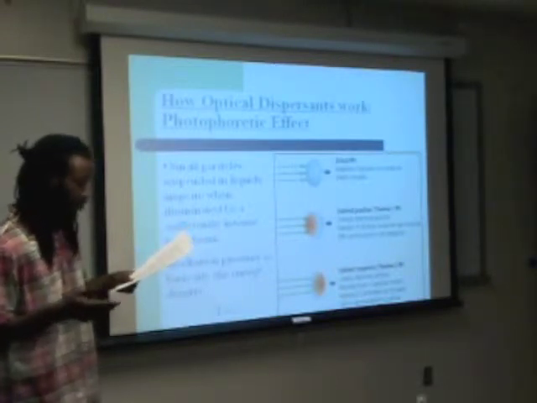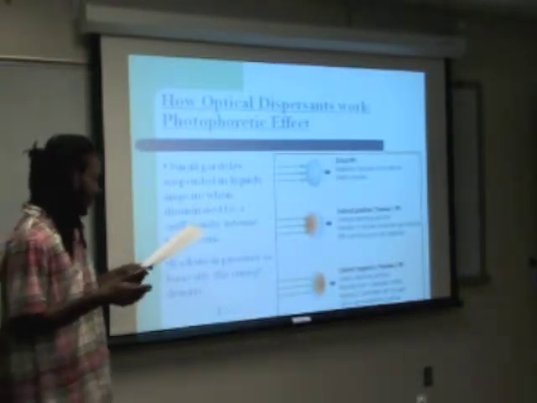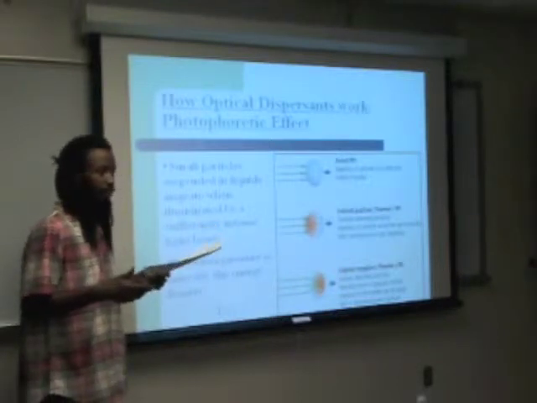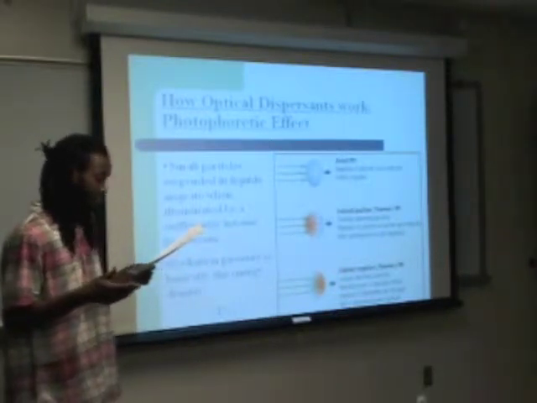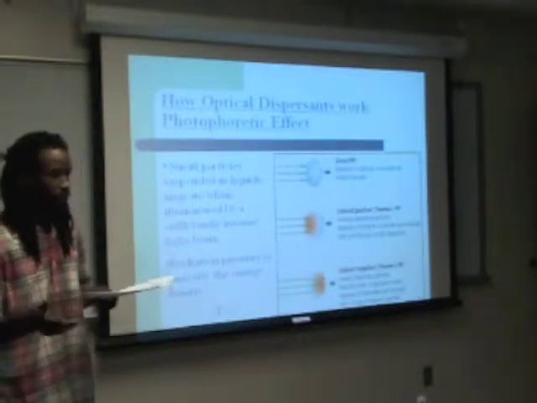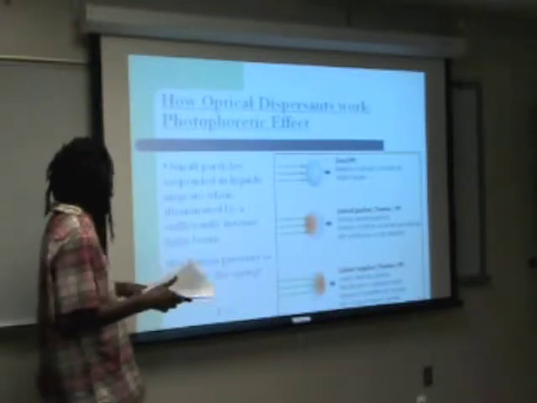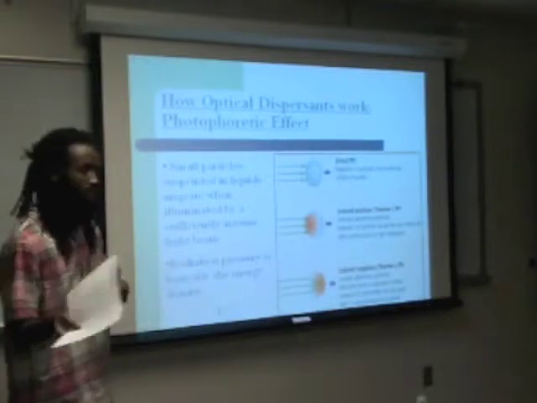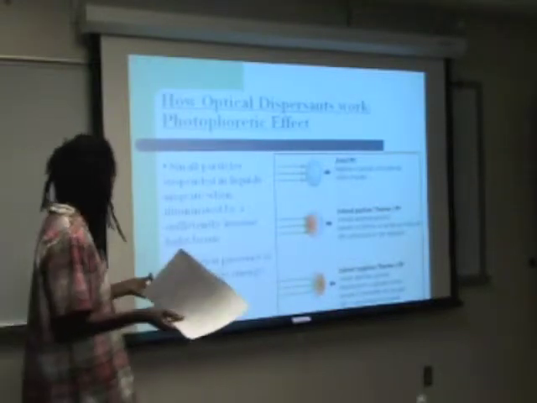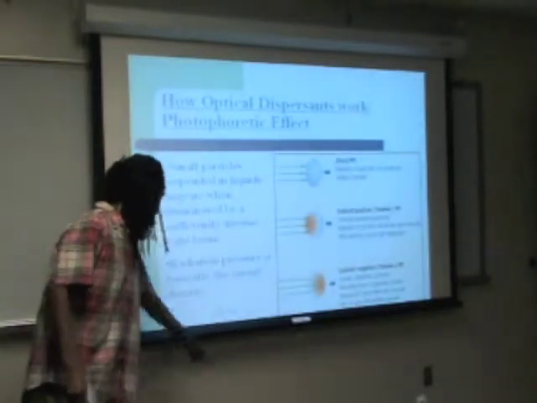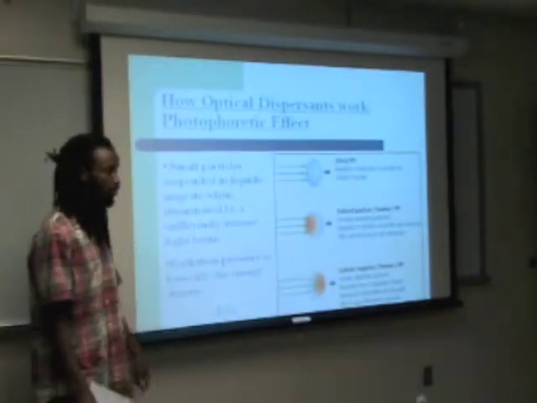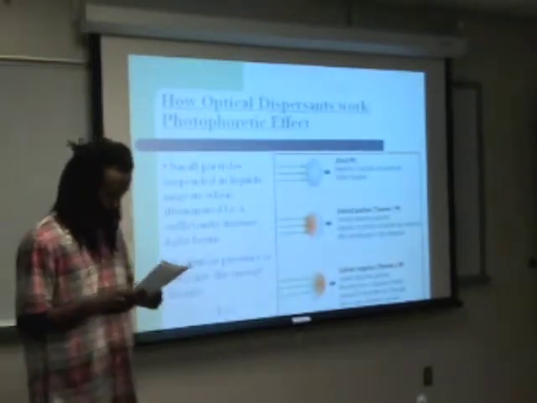In laser photophoresis, particles migrate once they have a refractive index different from their surrounding medium. The particles with higher refractive indexes than the surrounding medium move away due to radiation pressure. And radiation pressure is basically just the energy density of the lasers that we use, and the energy density can be found by just taking the intensity and dividing by the speed of light.